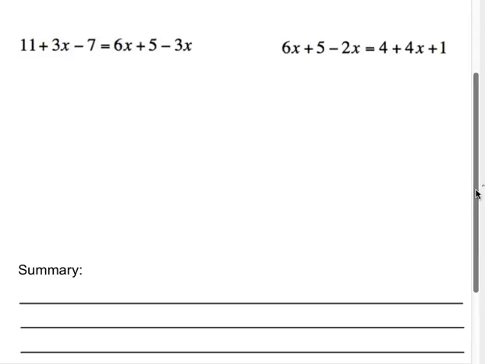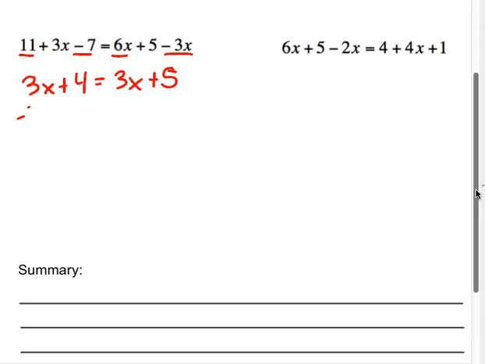So here, let's clean up both of these sides, okay? So on this side, I see 11 minus 7. And on this side, I see 3x plus 5. So notice I have 3x on both sides of my equation, okay?